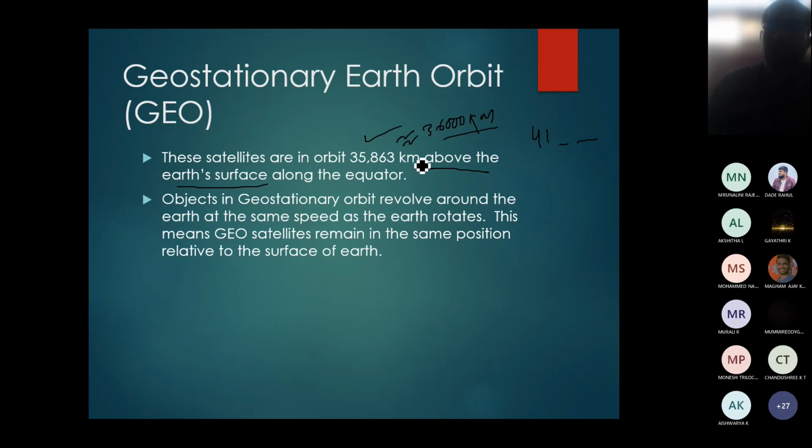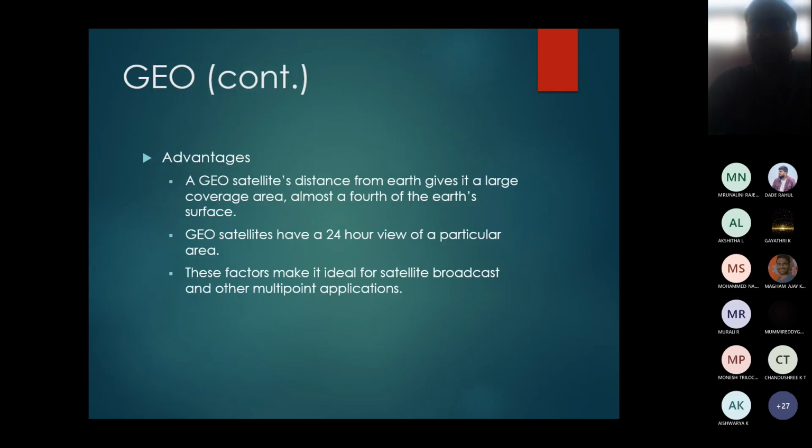Objects in geostationary orbit revolve around the Earth at the same speed as the Earth rotates. This means geosatellites remain in the same position relative to the surface of the Earth. That's why it is called geosynchronous. It gives a large coverage area, because the higher the satellite is, the larger the coverage.